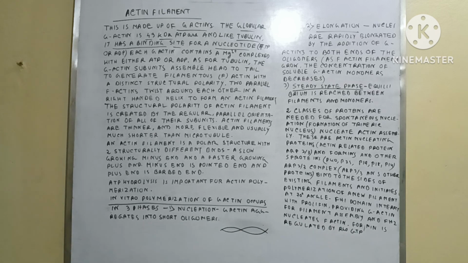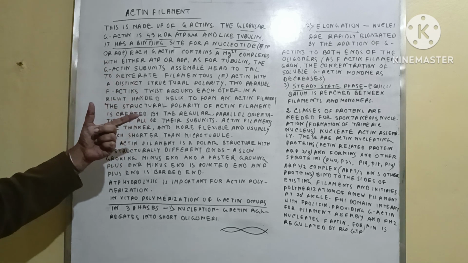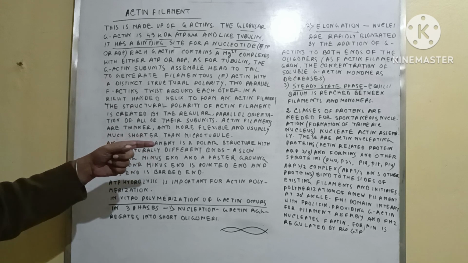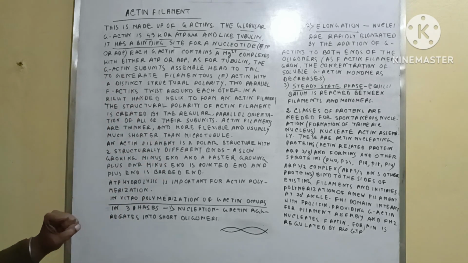And why ATP or ADP is needed, we will learn in the next paragraph, because the hydrolysis of ATP or the formation of ADP is needed for the polymerization process.